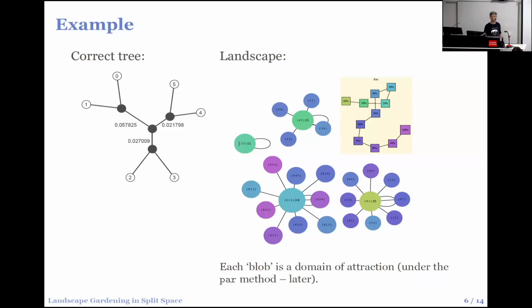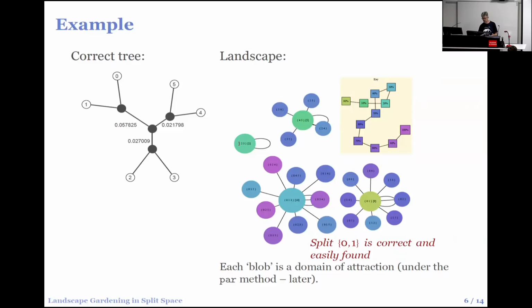I've got 3 internal branches of the tree. I'd like it if they matched up perfectly. They don't quite. The first one to talk about, split 013, is not a branch of the tree, but it is locally optimal. If I searched, I might find that one and conclude that it was a split in the true tree. But the other 3 domains of attraction all correspond to branches in the tree.